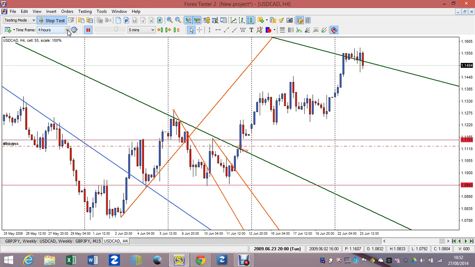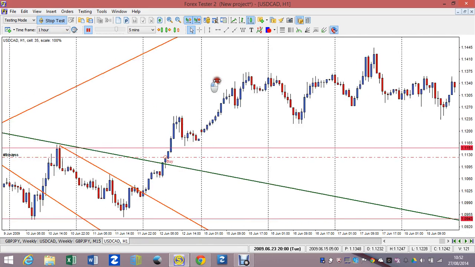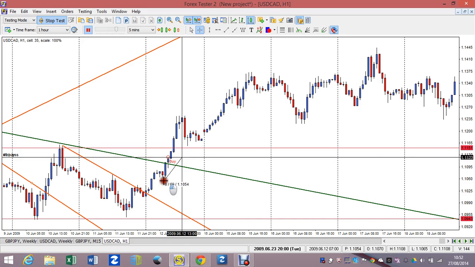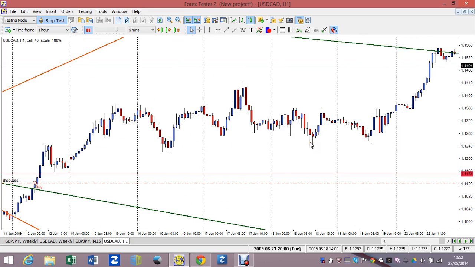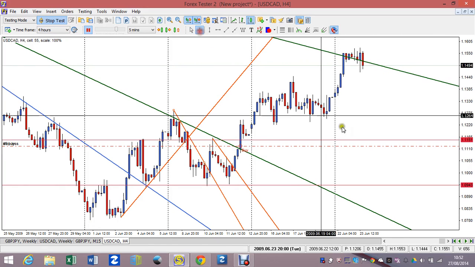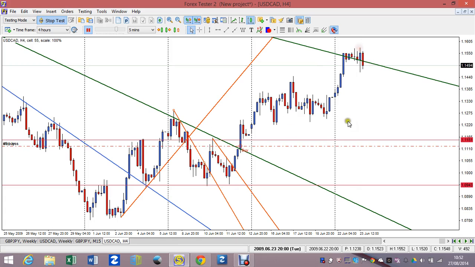Let's go back to where I entered. We're up about 372 pips at the moment, with a high of 455 pips. How's my balance looking?